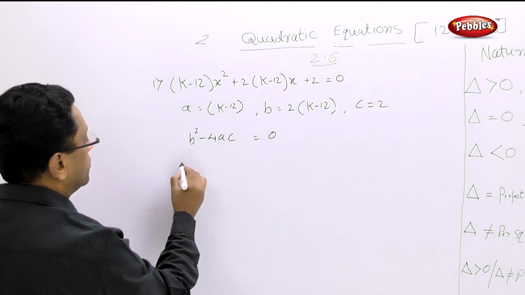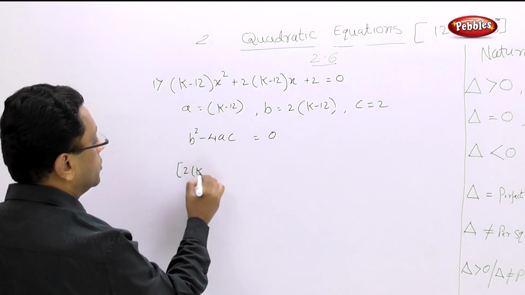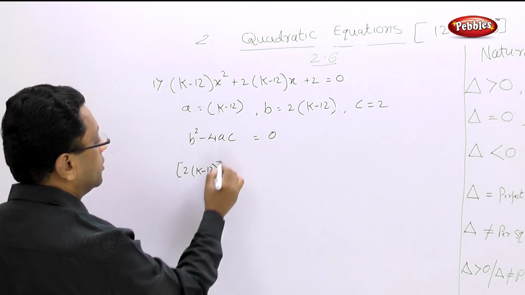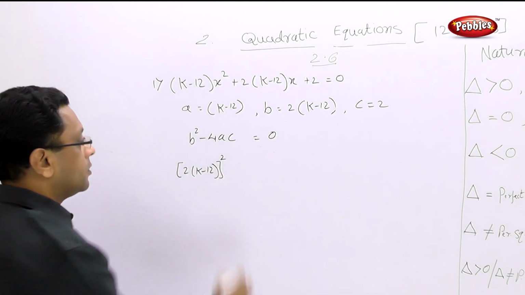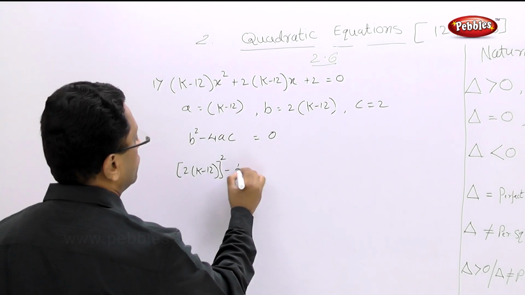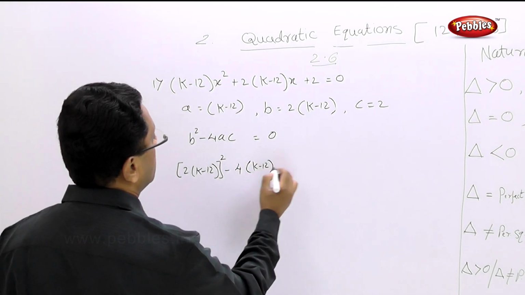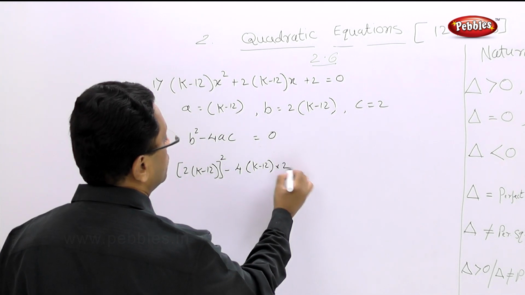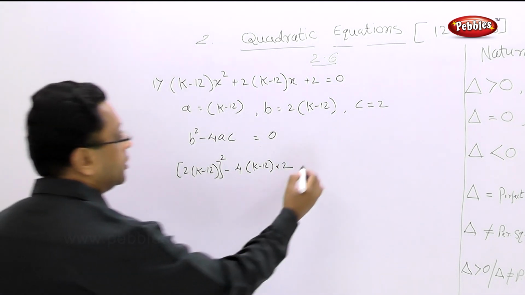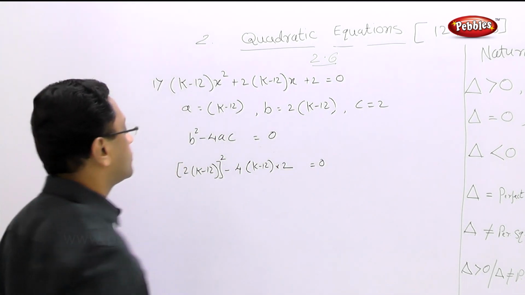So we have (2k minus 12) square minus 4 into (k minus 12) and into 2 equal to 0.